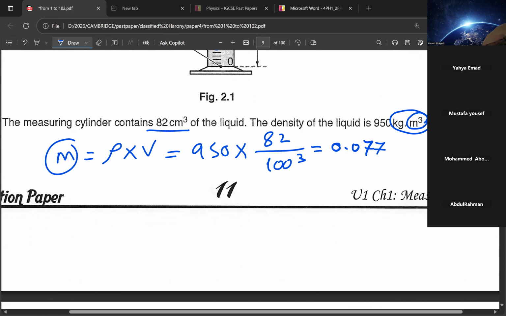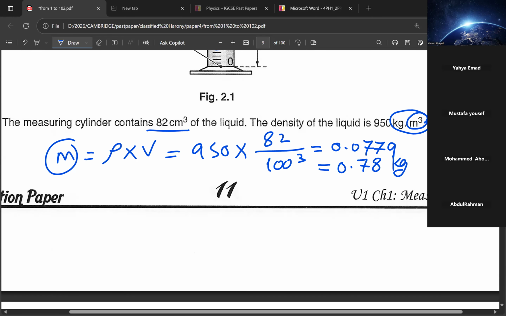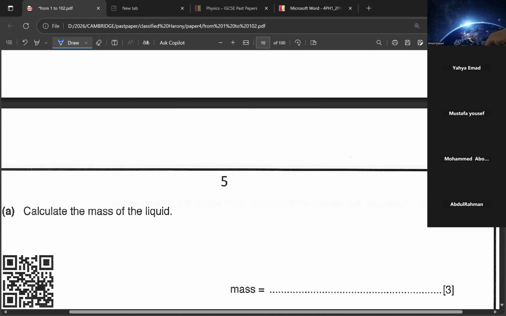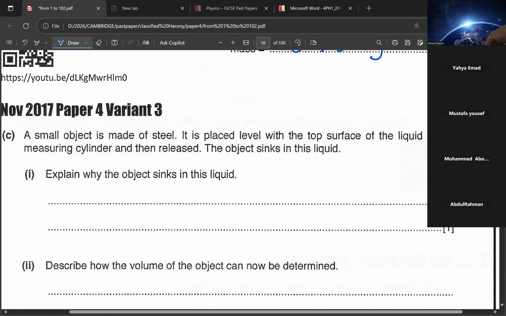So it will be written as 0.78 kilogram. Okay? 0.78 kilogram. The next.